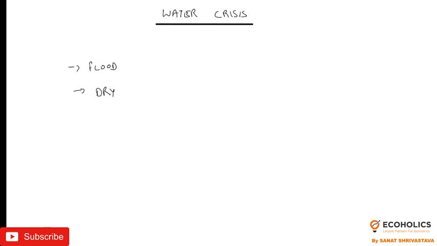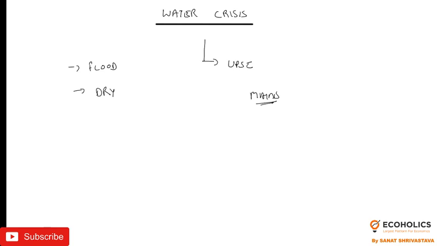Now the main motive of discussing this topic of water crisis is that it is obviously important for the UPSC examination, and will be more important in the mains examination. That will give you certain insights about water, which is a very important resource.